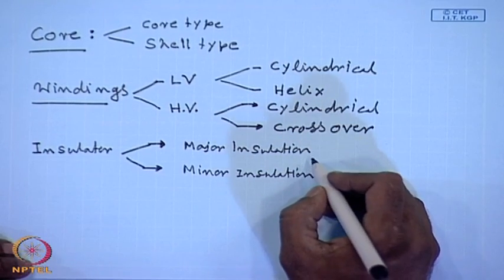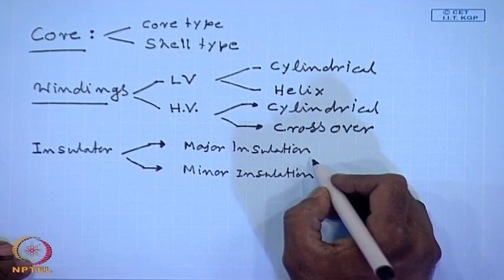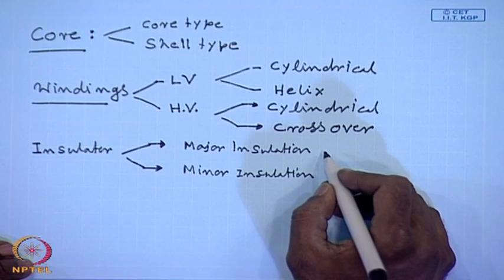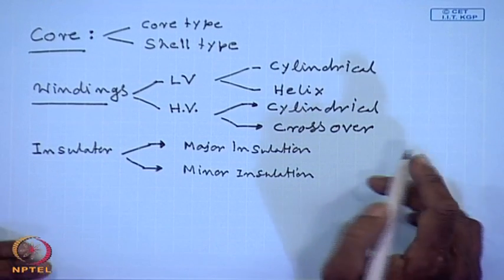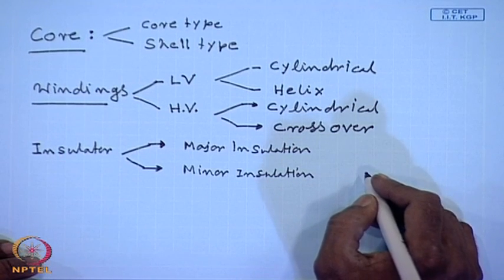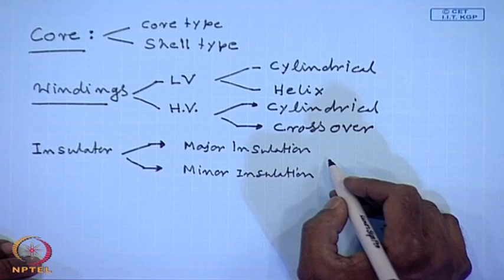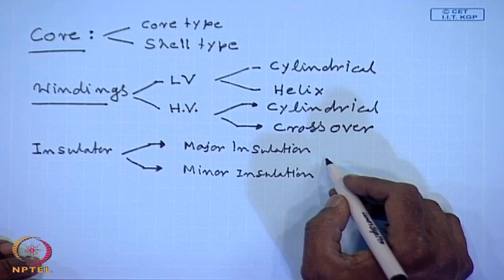Now, there are different types of insulation material that are used. For example, press board cylinders, then paper, transformer oil. At different purpose different insulation are used.